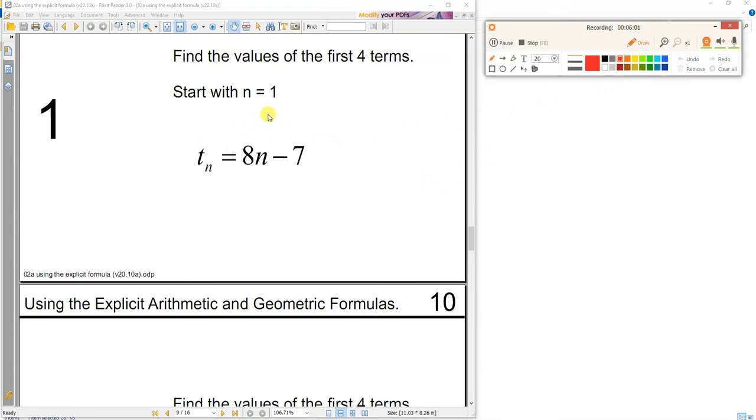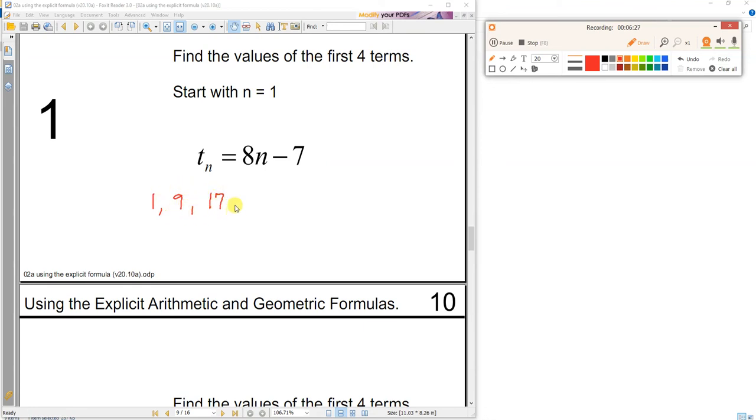All right, so I plug in a 1. Out comes 8 minus 7. If I plug in a 1, out comes a 1. If I plug in a 2, 8 times 2, 16 minus 7, out comes a 9. I plug in a 3. 8 times 3 is 24, minus 7 is 17. What's happening each time? It's going up by 8, right?